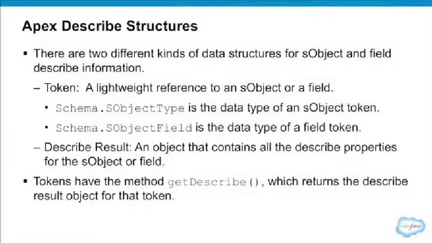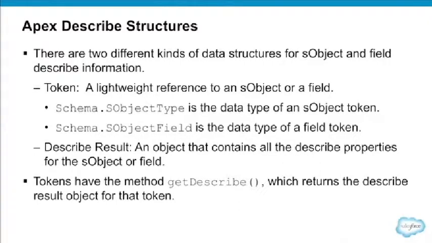Now, the way that it works is that a couple of things happen here, and I'm going to spell this out a little differently than the way it's displayed on the slide. We're going to be working with things called tokens, and things called describe results.